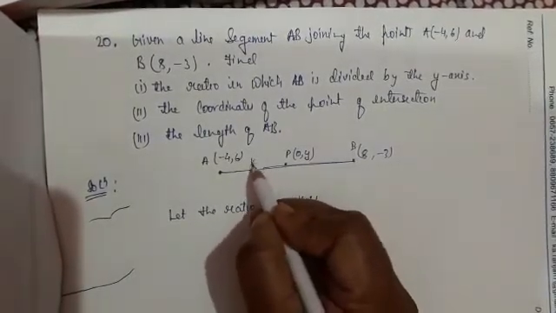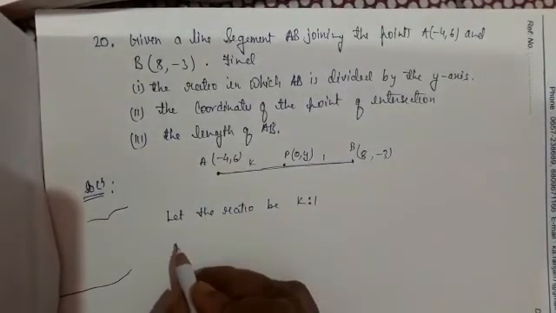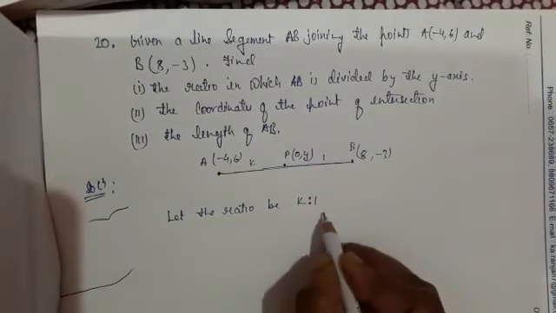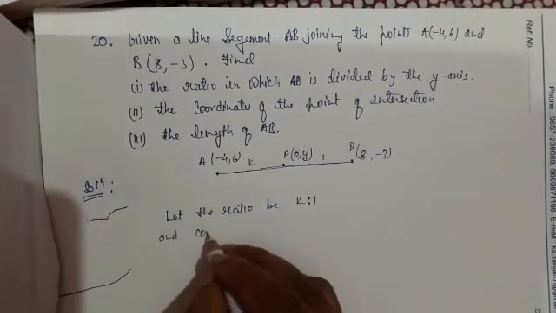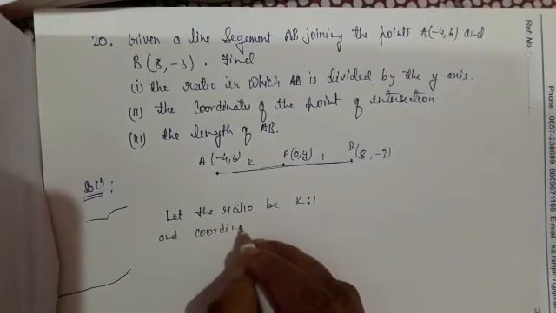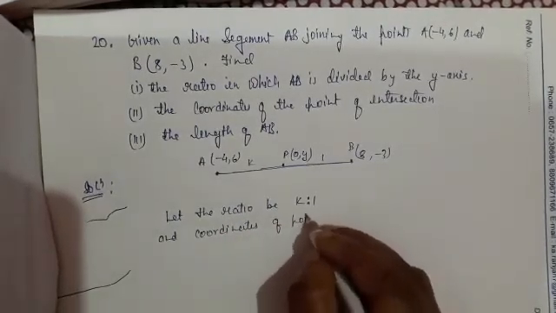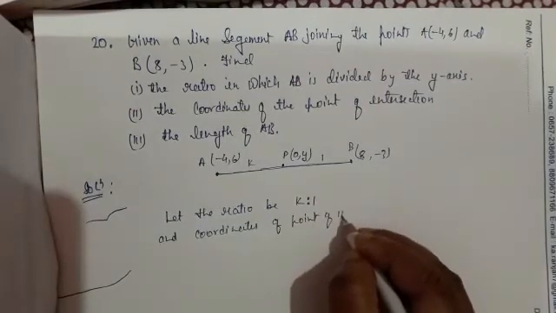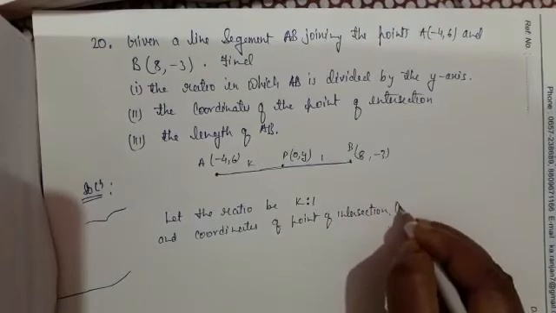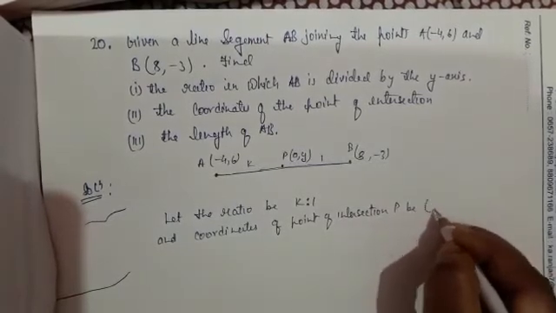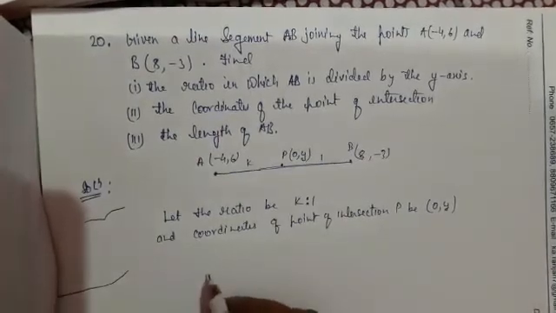Therefore the ratio we have taken is k is to 1 and the coordinates of the point of intersection P be (0, y) as it is intersected by the y-axis.